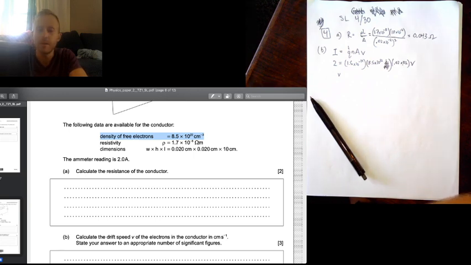2 divided by 1.6 times 10 to the minus 19, divided by 8.5 times 10 to the 22, divided by 0.02 squared. Just double check that I typed that in correctly.